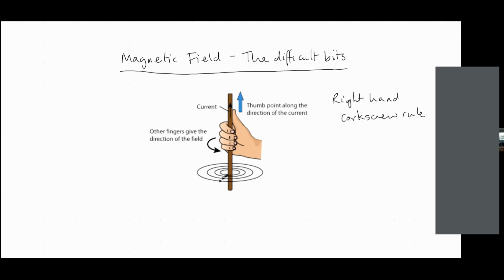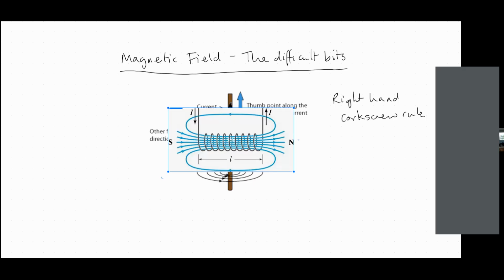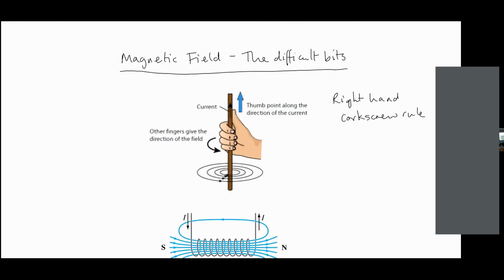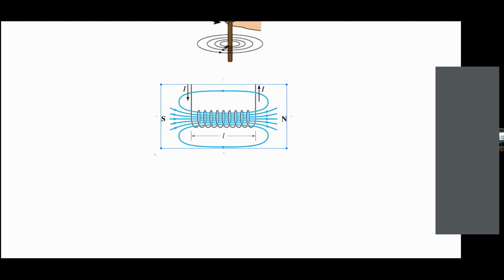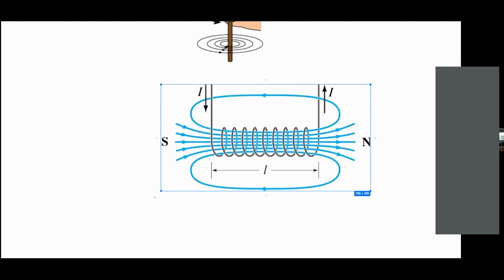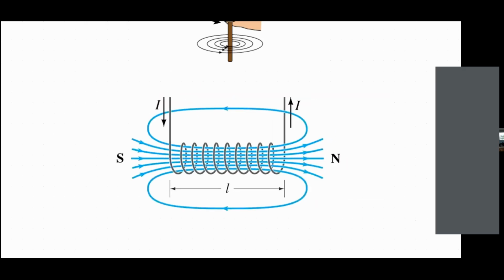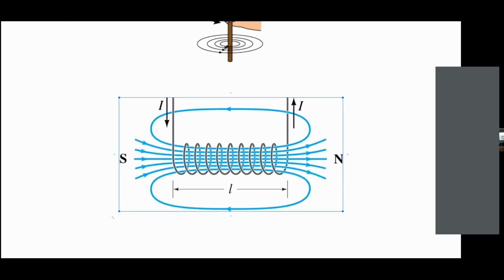All of the little magnetic fields from all of the individual turns of the solenoid, they all add up, and you end up with a much, much bigger magnetic field, which looks like this one. Okay, I'm going to move that out of the way. So this is the magnetic field for a solenoid, right?